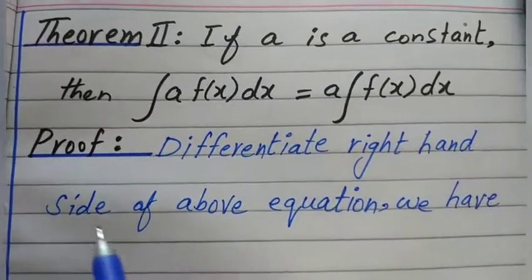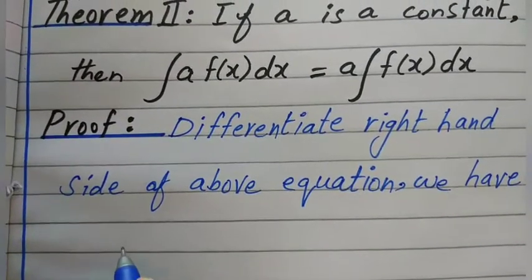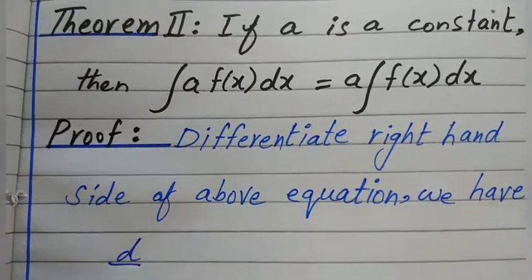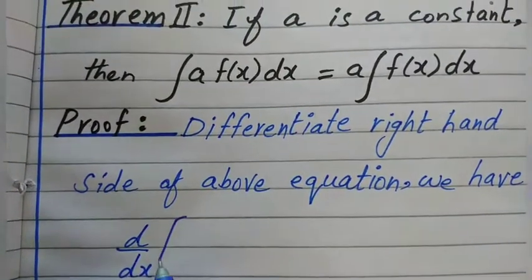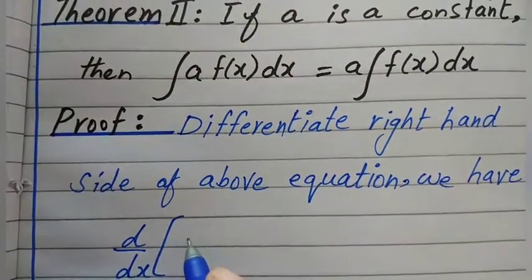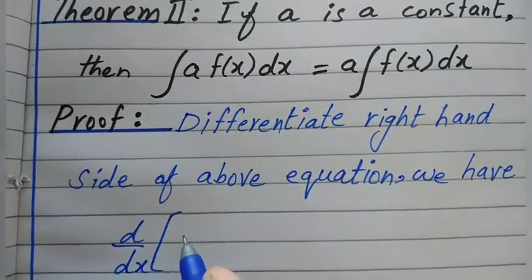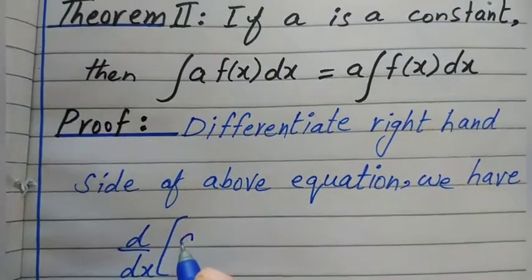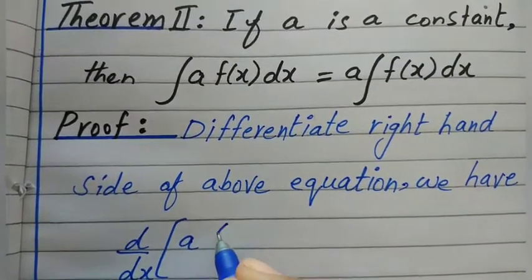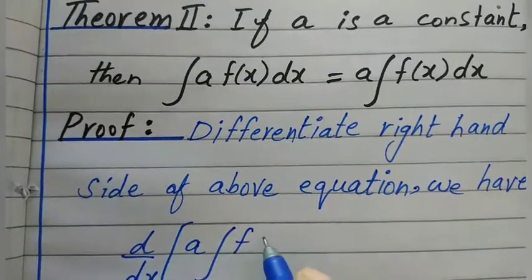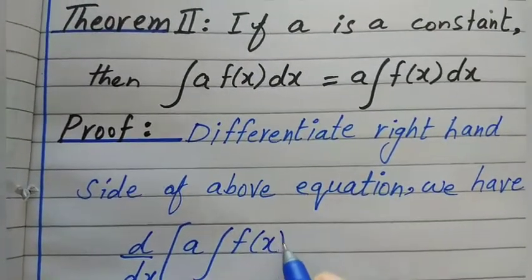So when we differentiate the right hand side, then the derivative is applied: d by dx of square bracket a integral of f of x dx.